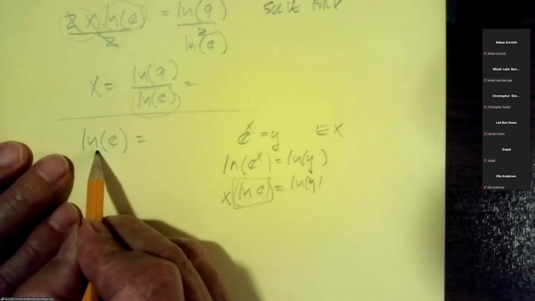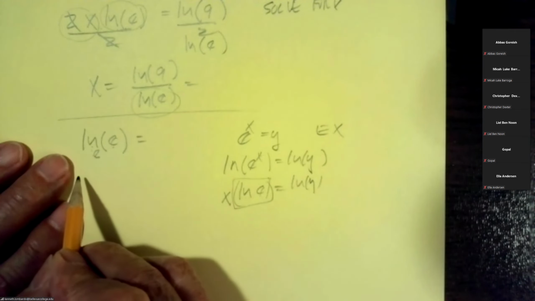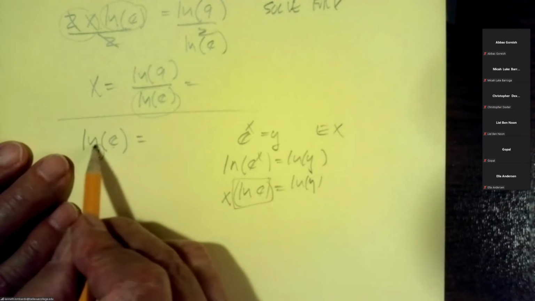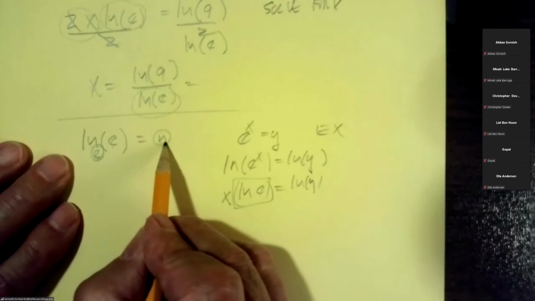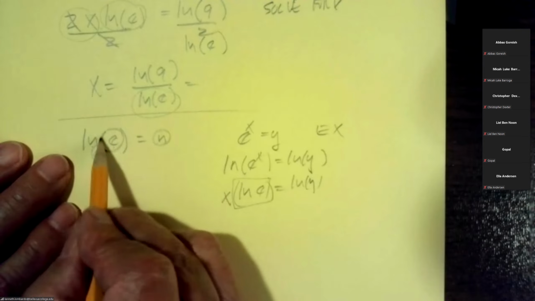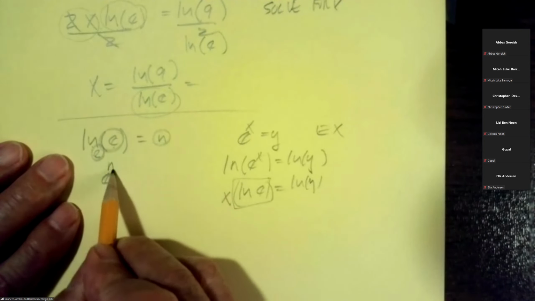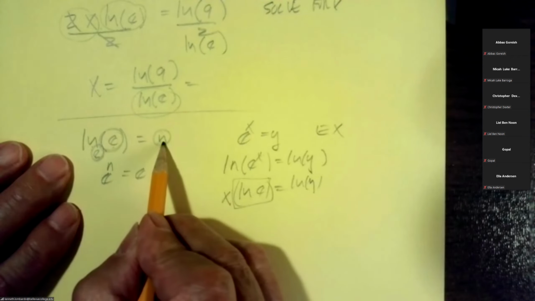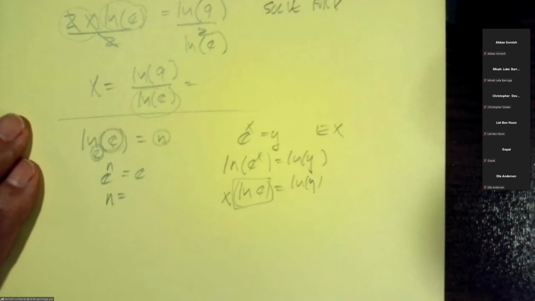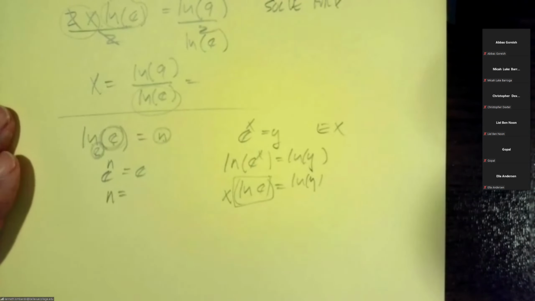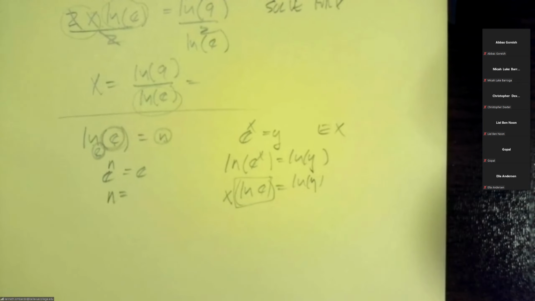You could think of this as an e as a subscript here, and say then this base to some power, I don't know what the power is, I'll just call it n, equals this value here. So e to the n equals e. This base to this exponent equals this value. Then n equals ln of e.